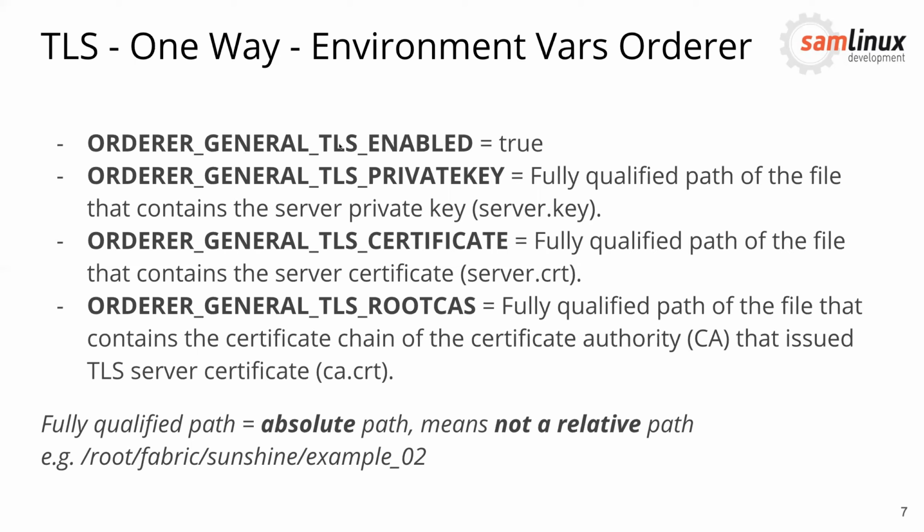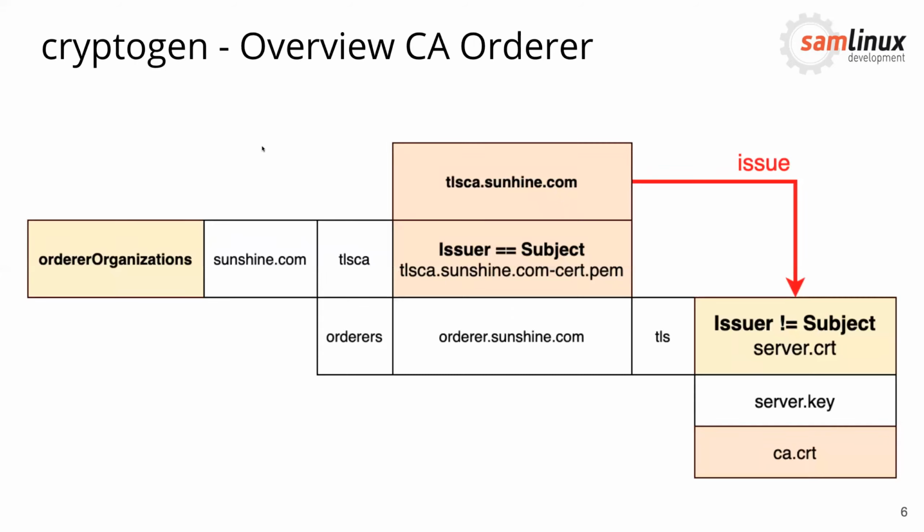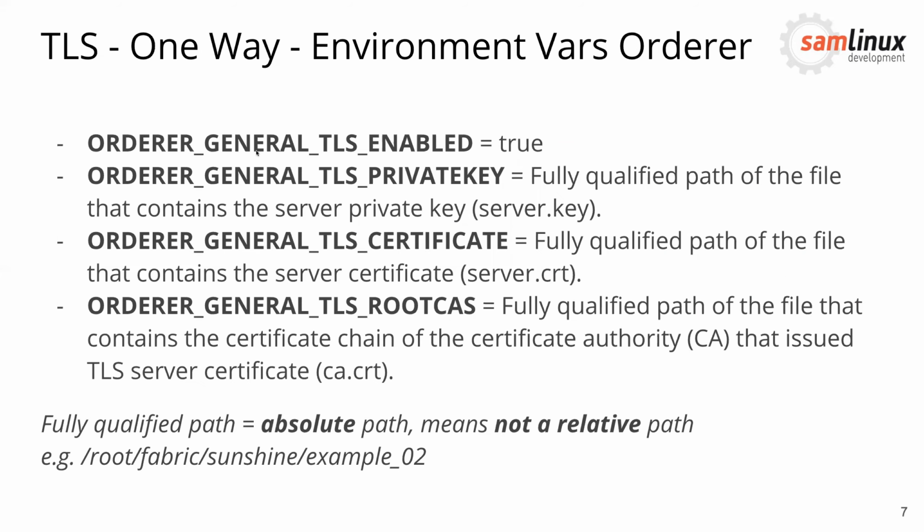But the variable names are not the same. So for orderer, we have this kind of orderer general TLS enabled, and for the peer you have a different name.